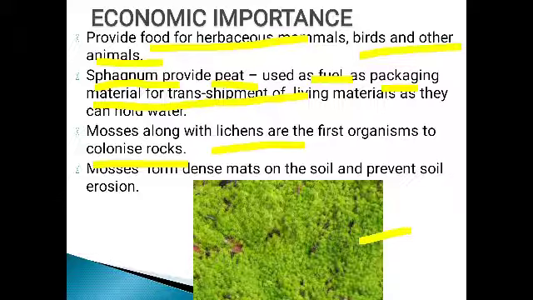Then these mosses can form dense mats. Dense mat means what? Mat, you know, isn't it? Like the floor mat we are using. So it will be thick. Like that, these mosses will be growing and they form dense mats on the soil. So when it forms a mat-like structure with thick, densely populated mosses, what will happen?